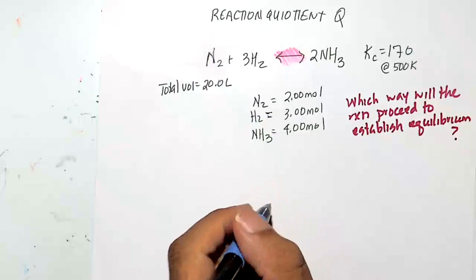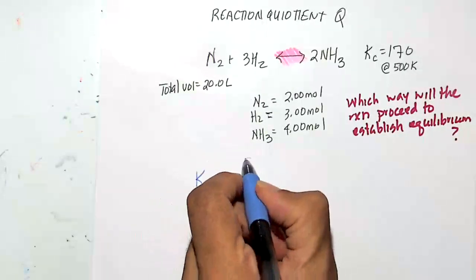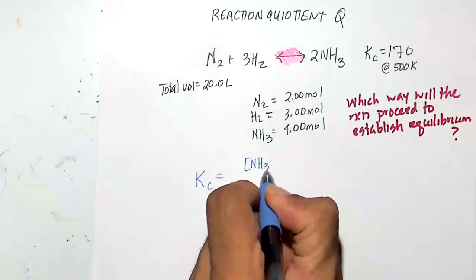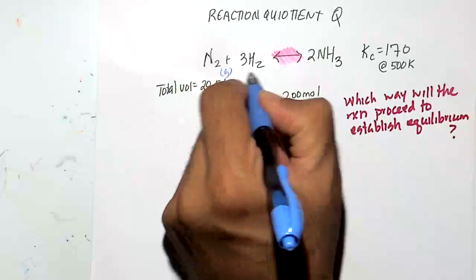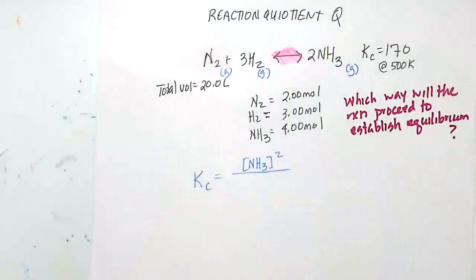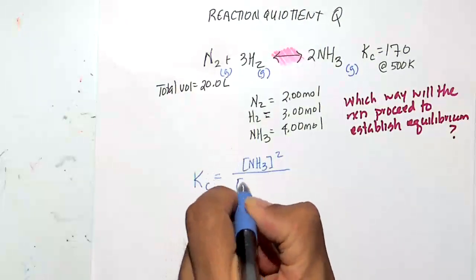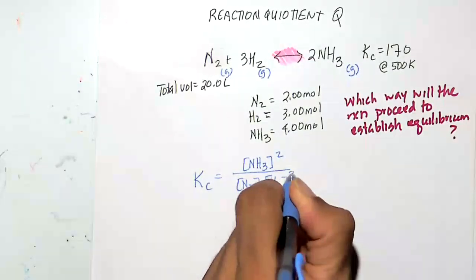All right, so the first thing is we'll write the equilibrium constant expression. It's going to be products over reactants. These are gases, so there are no solids or liquids. If there's a solid or liquid, you just avoid it totally. Then NH3 squared divided by N2 times H2 cubed.